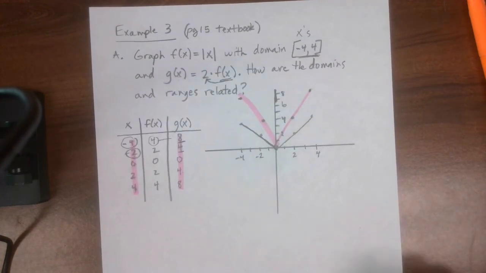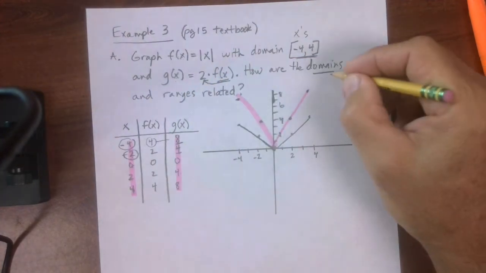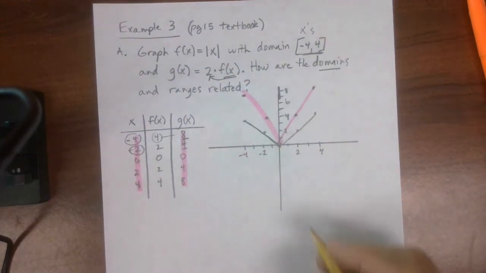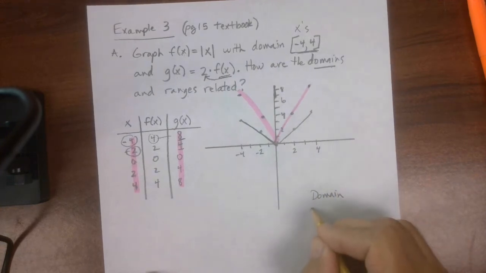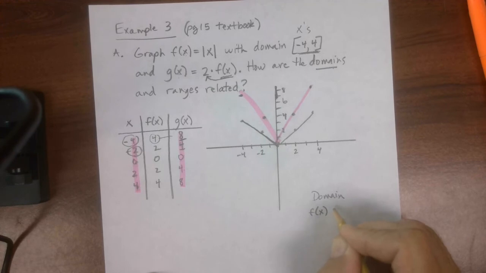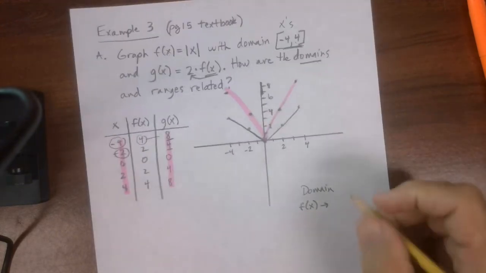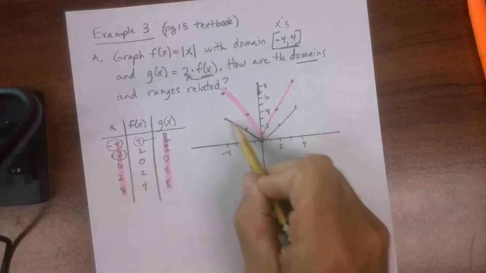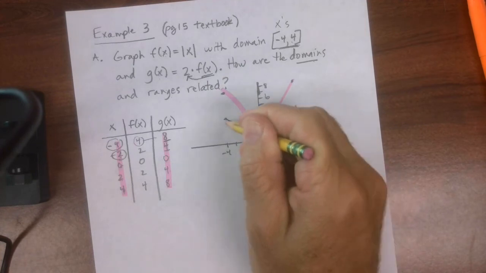Now, it has some questions for us. It says, how are the domains and ranges related? Well, let's find out what the domain is. So the domain of f of x, again, they told us, stay in that domain, negative 4 to 4. But if you look at the picture, from negative 4 to 4, how far left does it go? Negative 4.